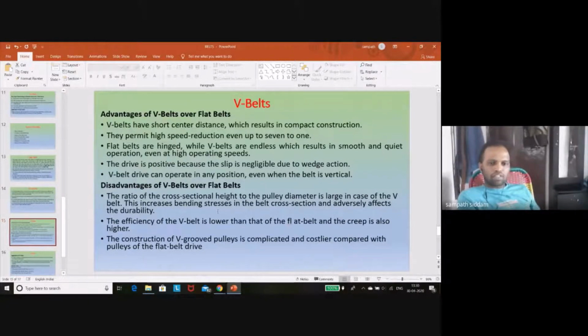With this, the efficiency of the V belt is sometimes lower. The other important one is that creep is higher in the V belt than in flat belts. What creep is, we'll learn in the next topic. So this is about the disadvantages of V belts over flat belts.